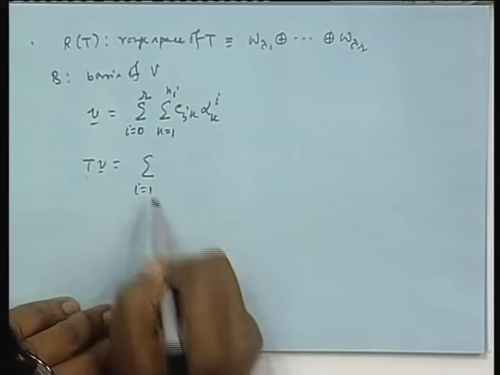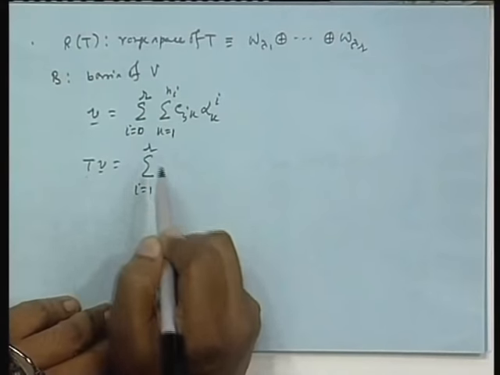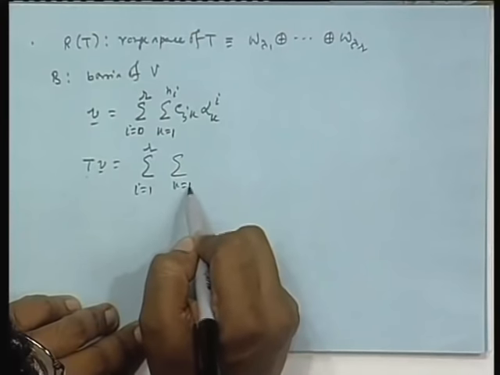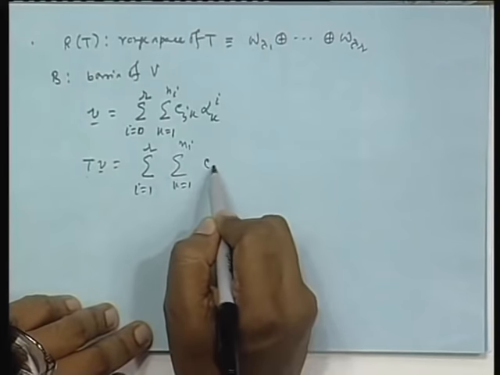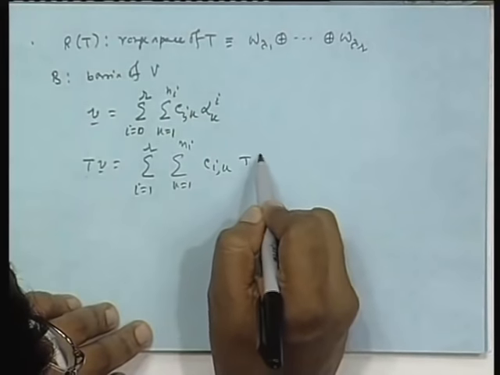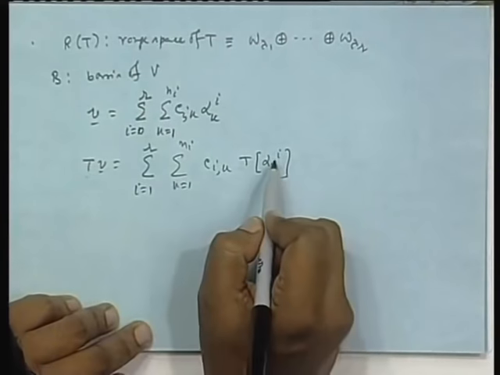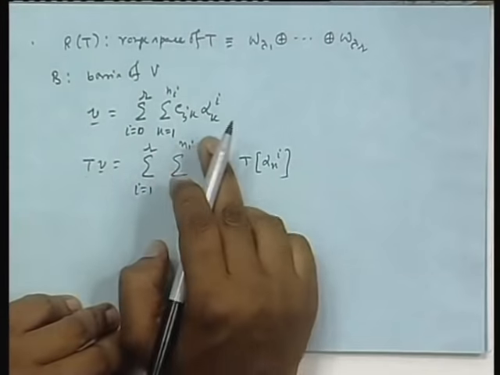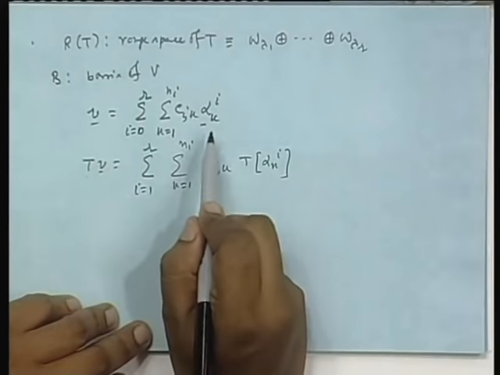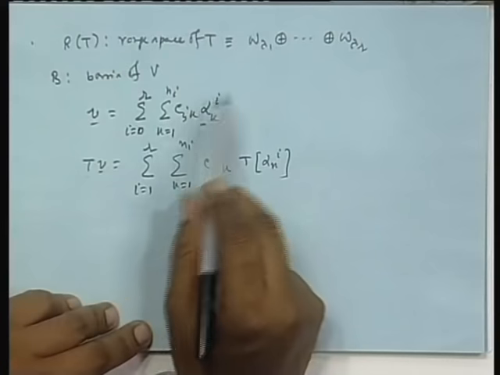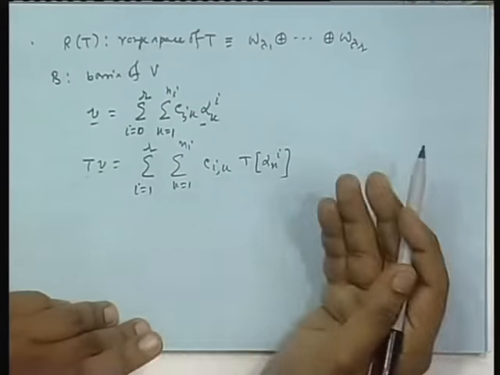Otherwise, that means I can start at I equal to 1, not at 0, go up to r, k equal to 1 to n I, c I k, T directly working on alpha I k. As I told you, the I equal to 0 case is ruled out, because for I equal to 0, these eigenvectors have eigenvalue 0, or equivalently they belong to the null space. So T working on them will give you nothing but the 0 vector.